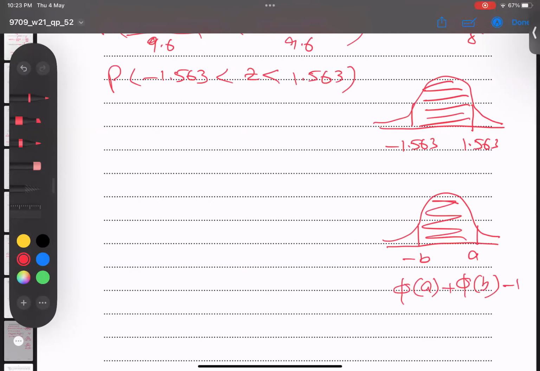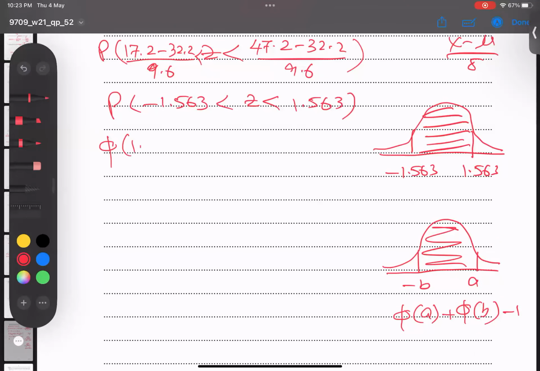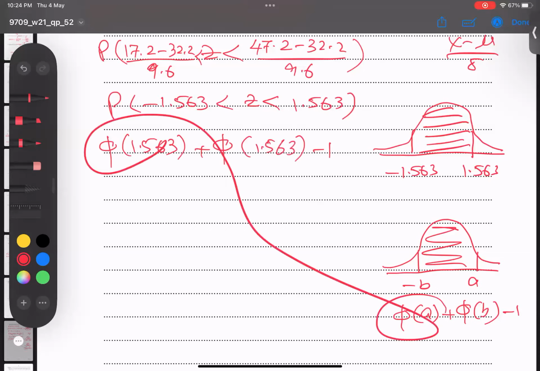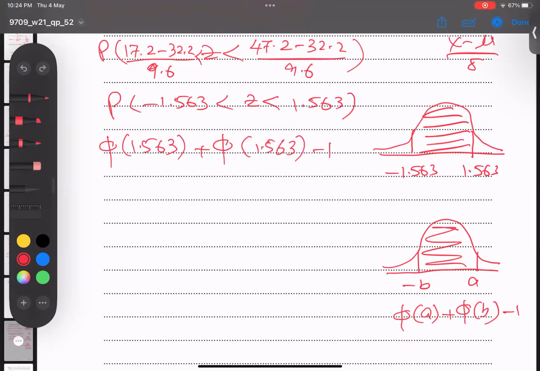This is the formula. So using the same technique here: phi of 1.563 plus phi of 1.563, minus 1. This is phi of A plus phi of B, minus 1. So the short form is 2 times phi of 1.563 minus 1. I hope the concept is clear, and now I'm going to find it.